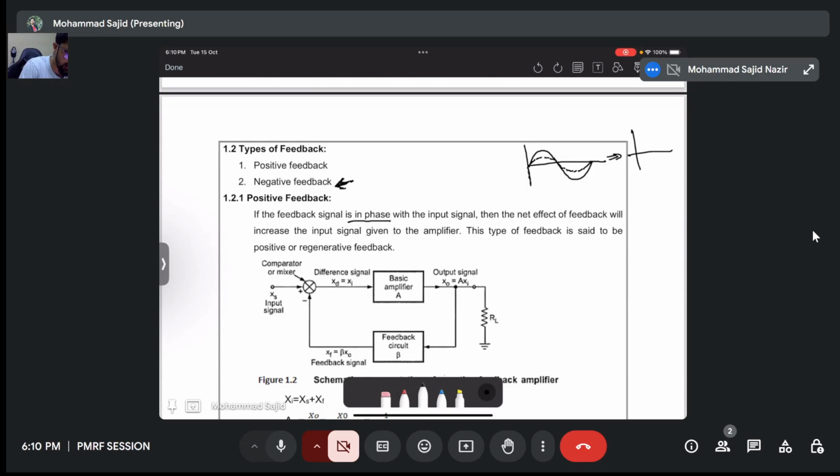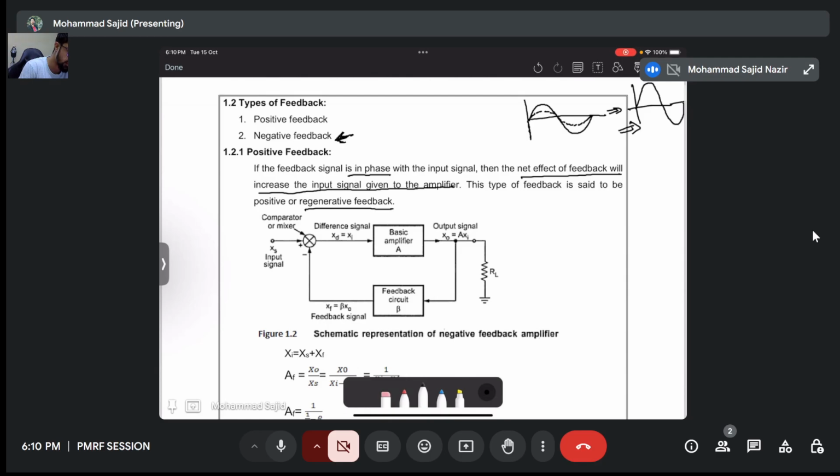It will add up, right? This will be my new signal. So this is positive feedback, and in positive feedback we have the same phase. Then the net effect of the feedback will increase the input signal given to the amplifier. That is what I have shown here. So it will increase its amplitude. This type of feedback is said to be positive or regenerative feedback.